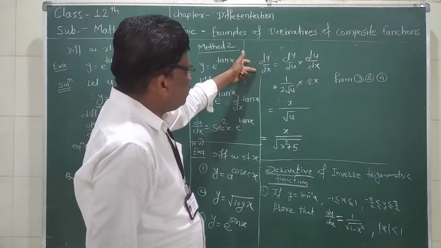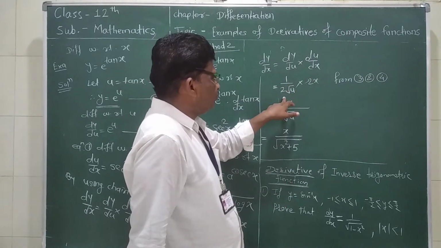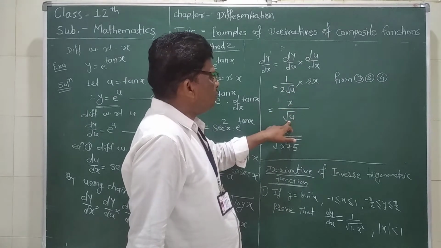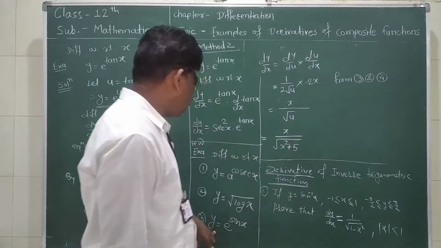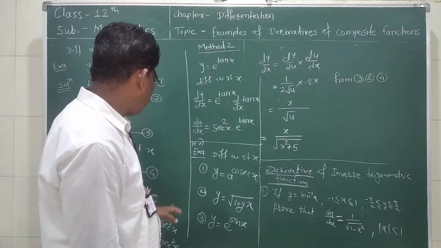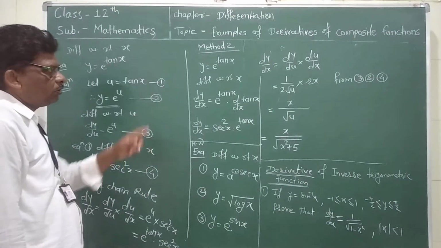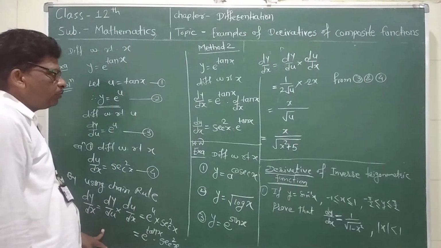We see the chain rule, dy by du and du by dx.